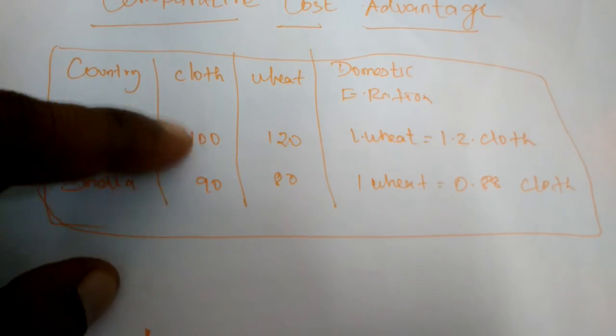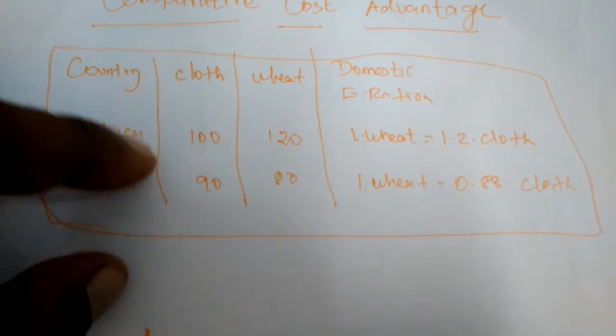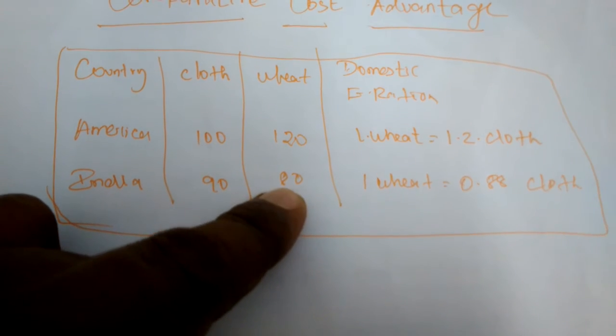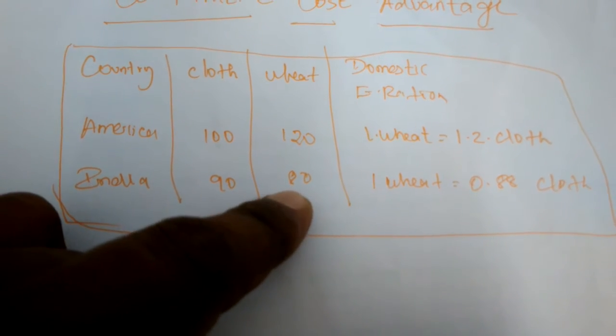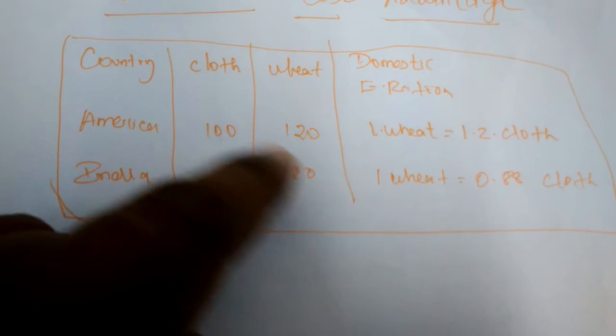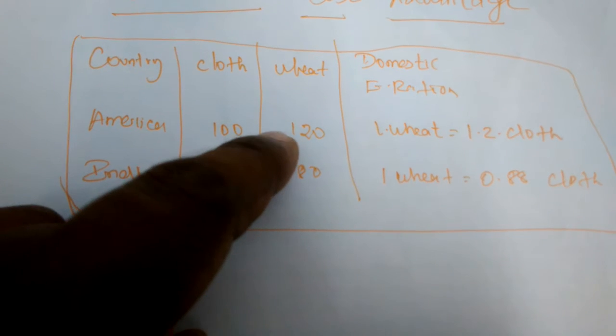So there is no more disadvantage. Even if India produces 1 unit of wheat using 80 units of labor, America uses 120 units.